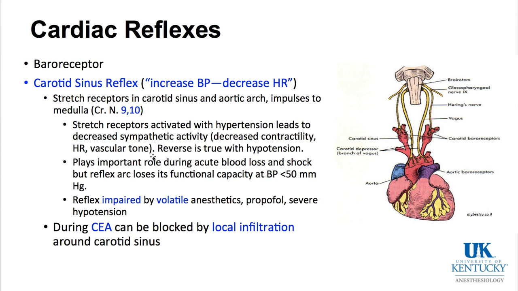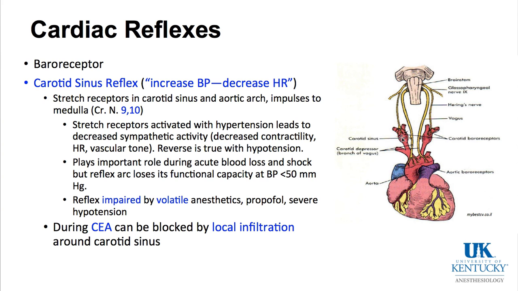Let's talk about some cardiac reflexes next. The first is the baroreceptor reflex. The carotid sinus reflex is when the blood pressure goes up, your body senses it in the carotid sinus, which is present at the junction and division of the internal and external carotid artery on both sides.